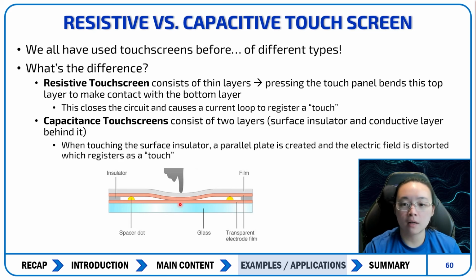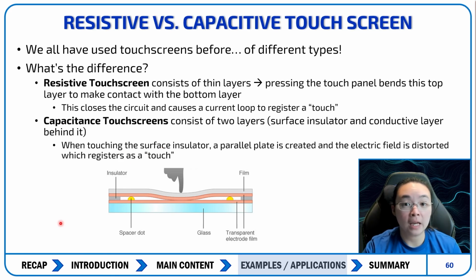The top layer is separated by some sort of spacer, and in between the spacers you can push down, and the conductor or the transparent electrode film in the top touches the one at the bottom, and a circuit is closed so that a touch is sensed. So when the circuit is closed, it causes a current loop to register a touch.